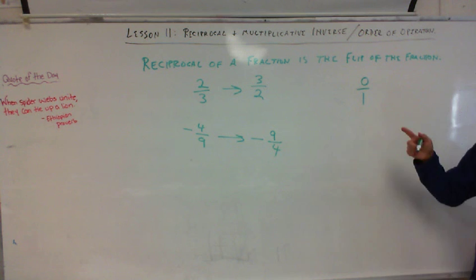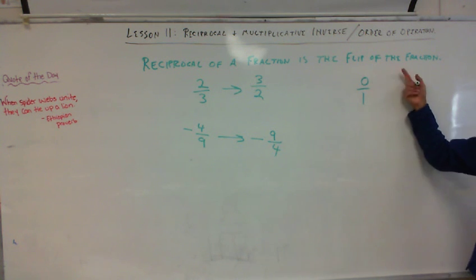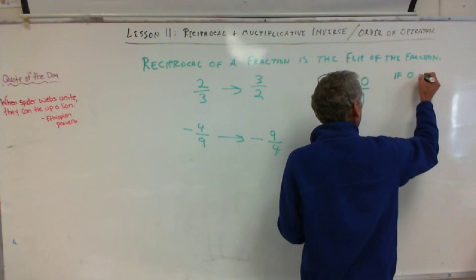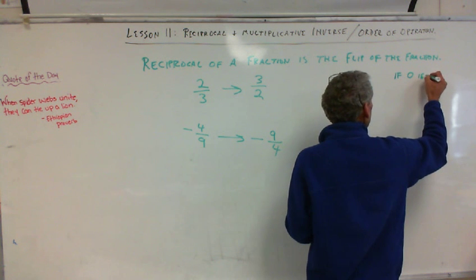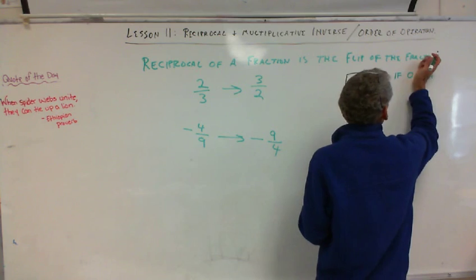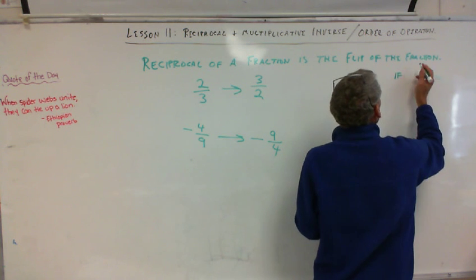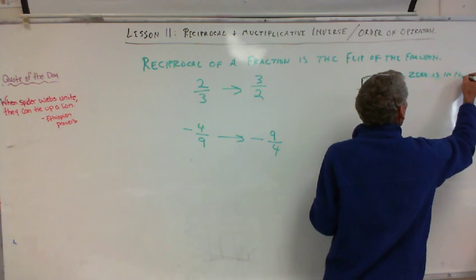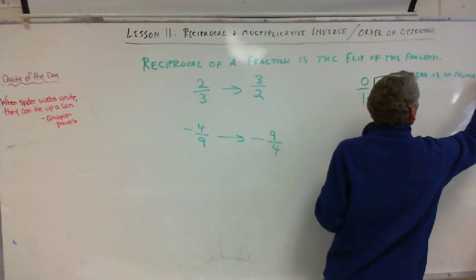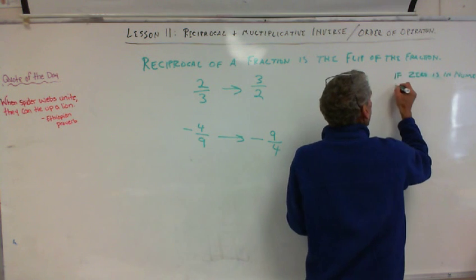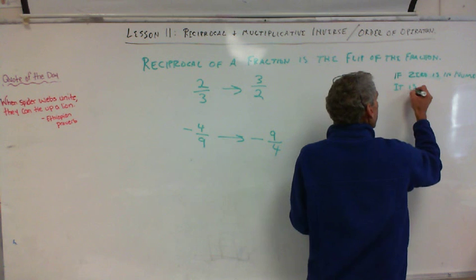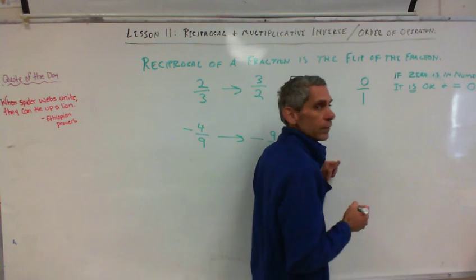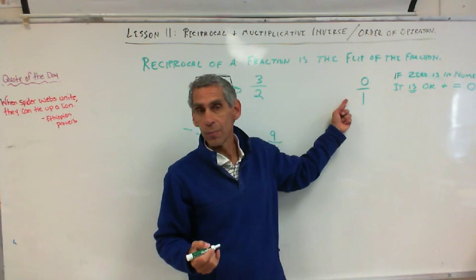Now, this is really an important thing. If 0 is in the numerator, it is okay, and it equals 0. 0 over any number equals 0.